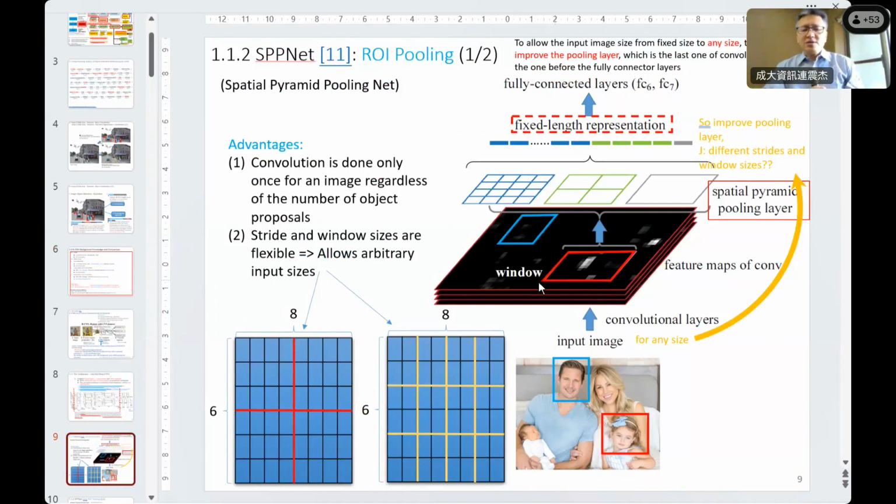Each time you detect a bounding box, for each bounding box they do average pooling, so it becomes one unit.